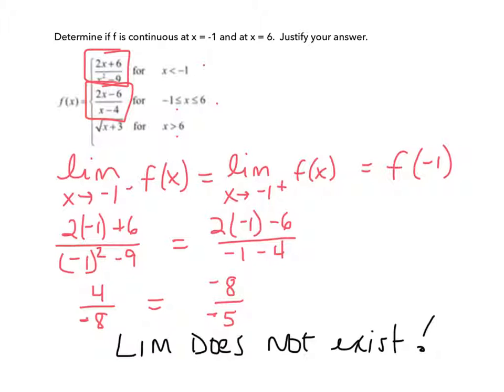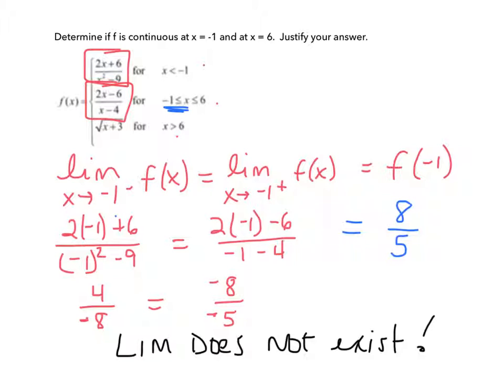If we wanted to finish it out and look at f of -1, just a little bit of review here: if I want to evaluate f of -1, I would be looking for when x was equal to -1, which I've already evaluated over here, so I know that it's 8/5. But even though these are equal, the second and the third condition, it doesn't mean that it is continuous.